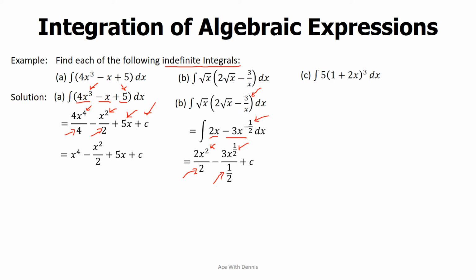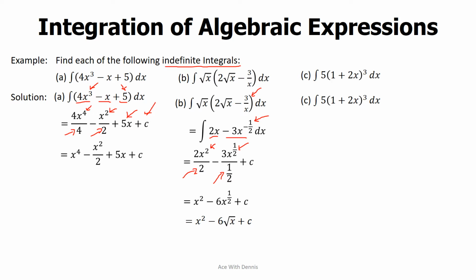From here, we can simplify, and the answer becomes x squared minus 6x to the power of half plus c. Or put it back into the root form, then we get x squared minus 6 root x plus c.